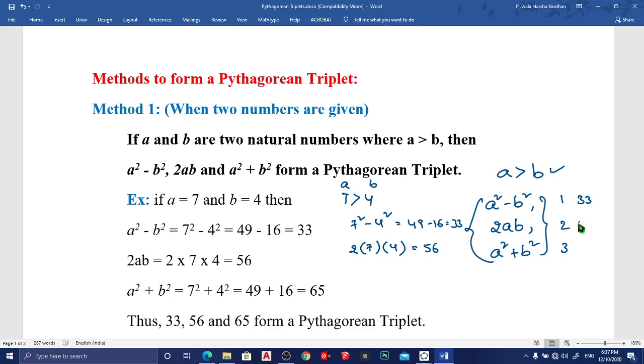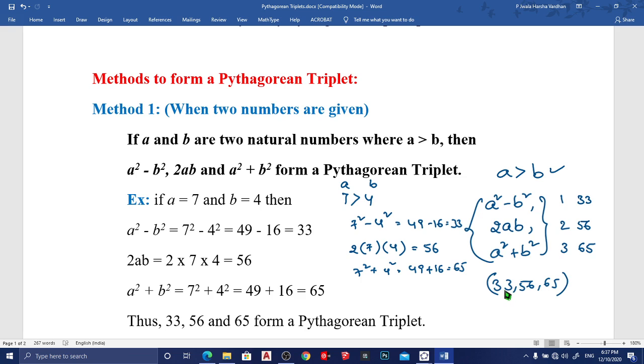So the second number is also done. Third number, a square plus b square, is 7 square plus 4 square, which is 49 plus 16, which is 65. So 33, 56, 65 is a Pythagorean triplet.